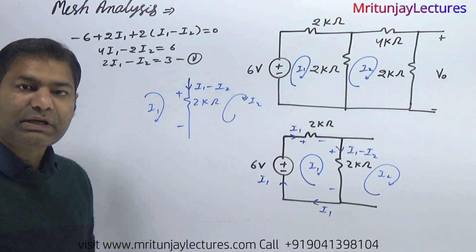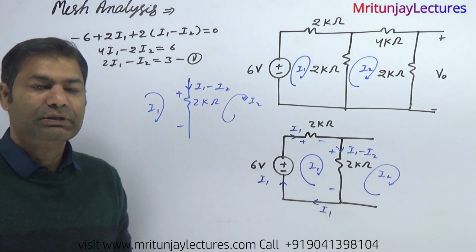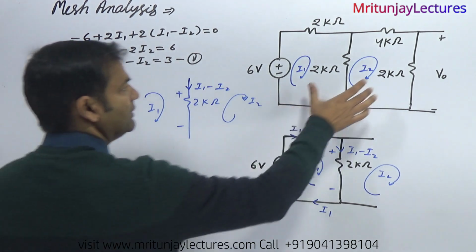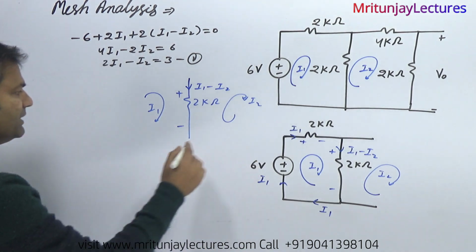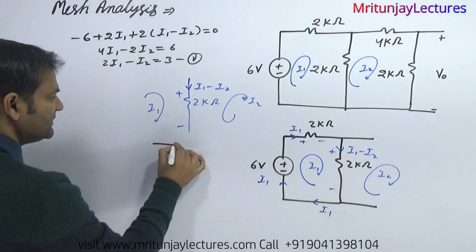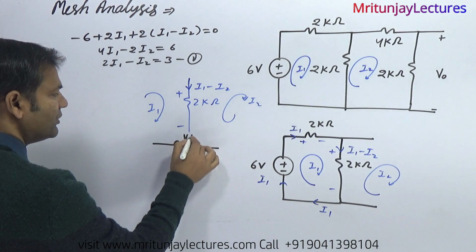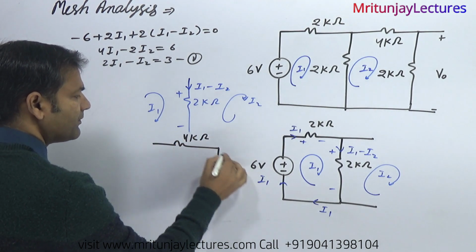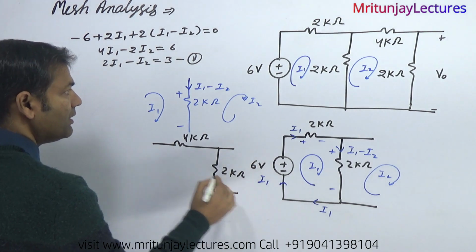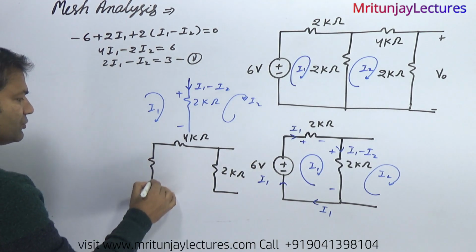Now next one, we have considered loop 2, this loop. If you consider that loop, that is 4 kilo ohm, here 2 kilo ohm, and here 2 kilo ohm.